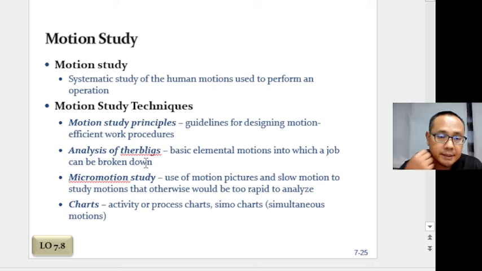I have read one case study regarding how they do benchmarking. One hospital, I'm not really sure whether in the UK or US, did benchmarking about motion study.